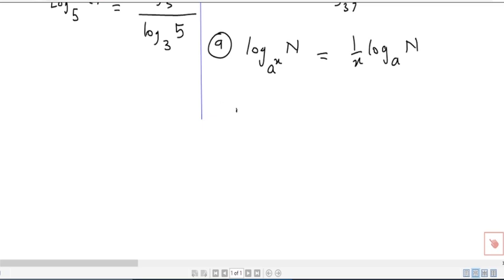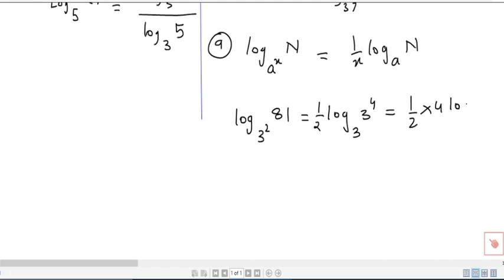Suppose I am writing log base 3 to the power 2 of 81. Then what will it become? It can be written as log base 3, and this 2 will come in the front as reciprocal, 1 upon 2, of 81 which is 3 to the power 4. So it will become 1 upon 2, this power will come in the front, 4 log base 3 of 3. So the answer will be 2.